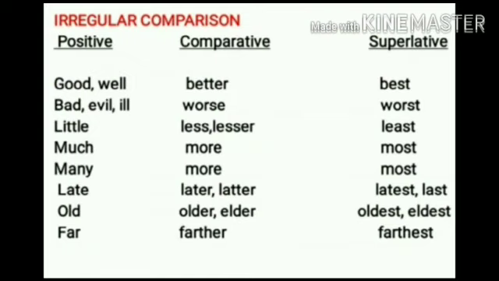Now there are certain positive adjectives which do not follow any rules, and we call them irregular comparison. Here you can see the positive adjective good, the comparative is better, best. The same with bad, comparative is worse and worst.